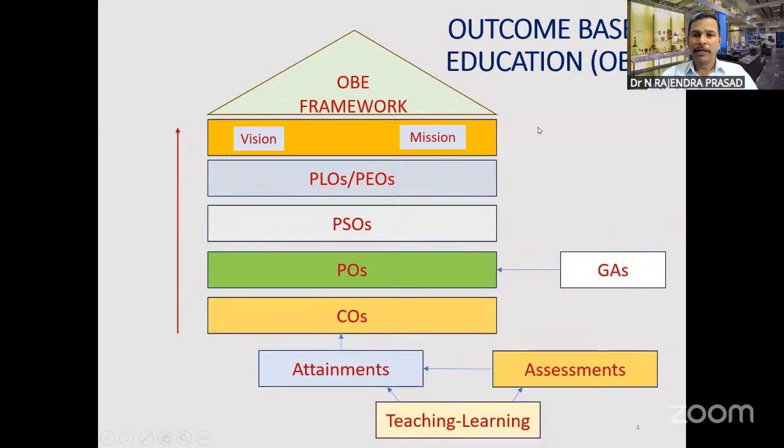This is a clear picture showing the outcome-based education framework. This framework is dependent upon the role of the teacher, not only to teach the subject, but also to assess the student. Why are the students to be assessed? So you have to assure the students have acquired all the skills and thereby have attained the outcomes, meaning what exactly the educational institution is anticipating, that the students have to acquire certain knowledge.